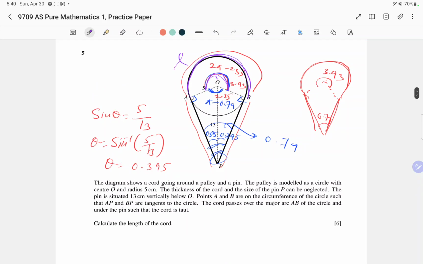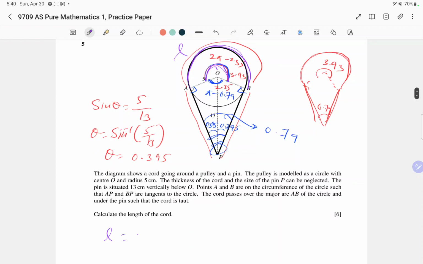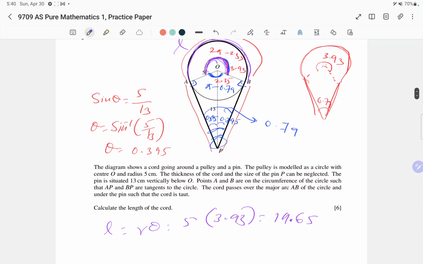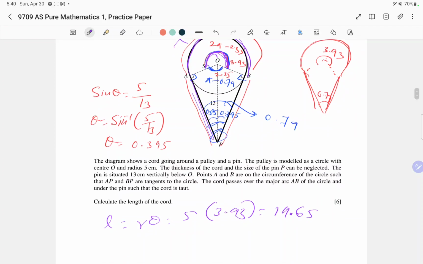So this arc length I'm considering L. So L equals r theta. So r is 5 and theta is this one, which is 3.93. So 3.93 times 5, which is 19.65. And I need to find this length PA.